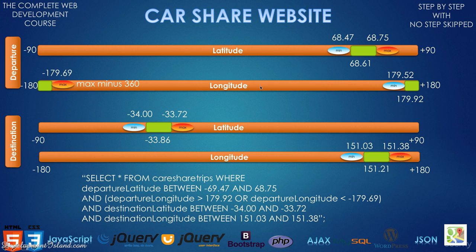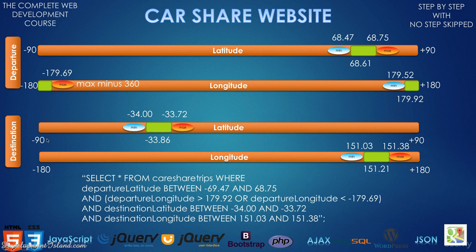Regarding the longitude, we're having a longitude out of range. So we end up with two intervals. So when we look at the departure in the query, we're going to say departure latitude between that and that, and departure longitude either greater than that or smaller than that. Okay.